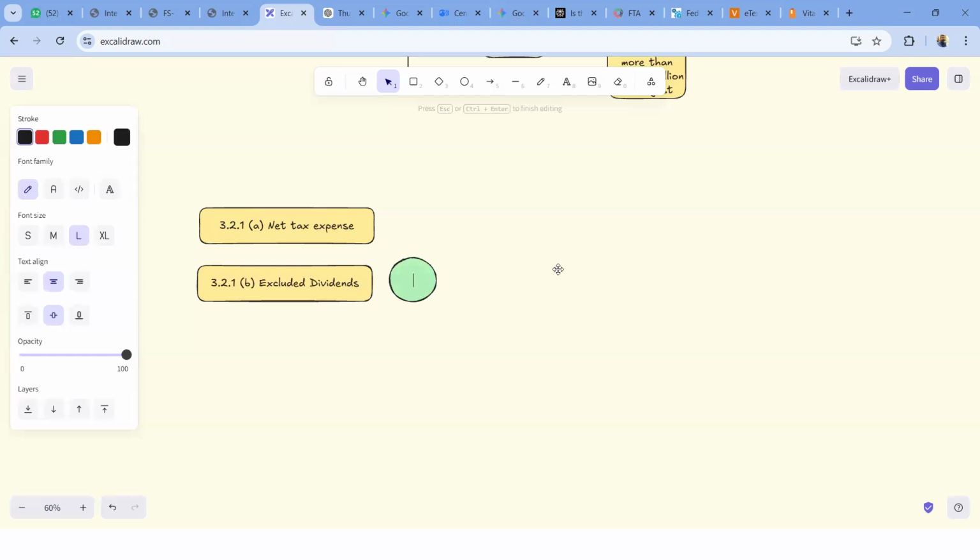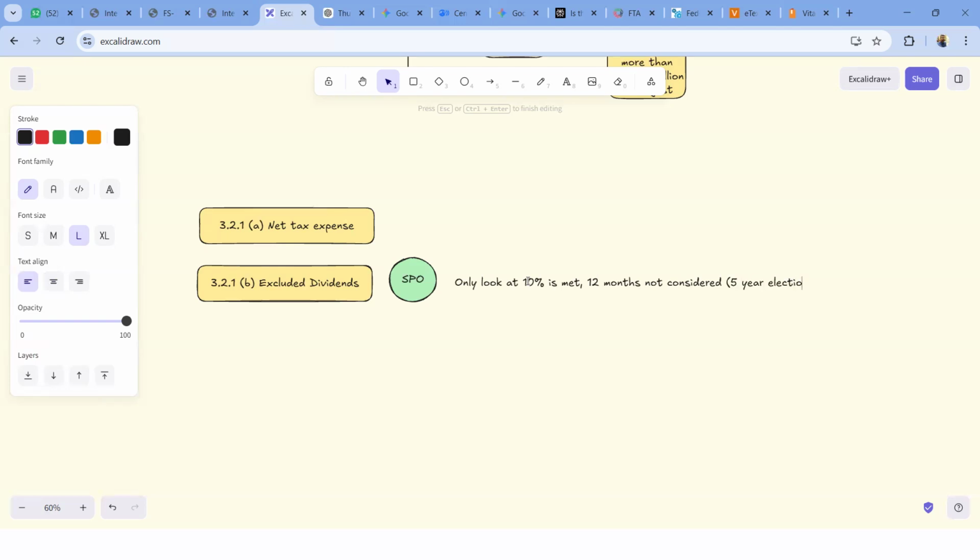All portfolio share dividends I can just include. I don't need to calculate 12 months. Correct? So whatever is the short-term portfolio option I can take. What it basically means is only look at whether the 10% is met, the 12 months is not considered. It is a 5-year election. Yes or no?